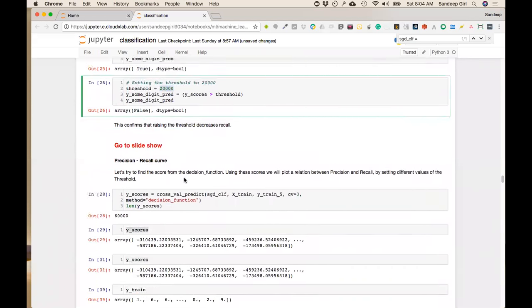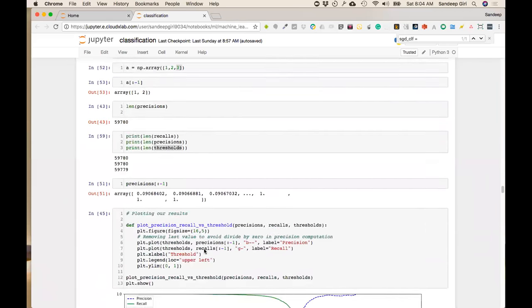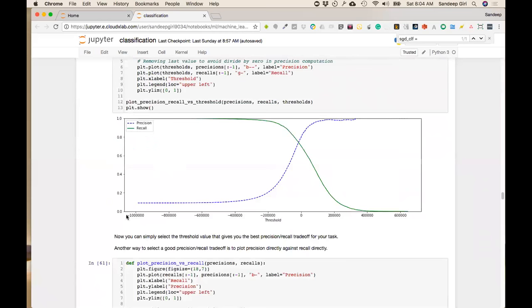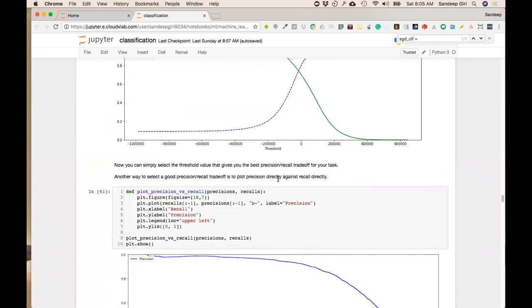Now, if we keep varying the threshold and keep noting how many values were classified as 5 and not 5, and we compute the recalls and precisions for various thresholds, then we would get a curve like this. This is the place where precision and recall are equal.